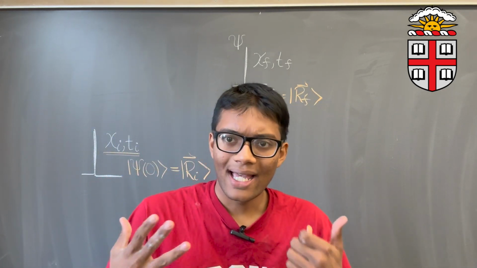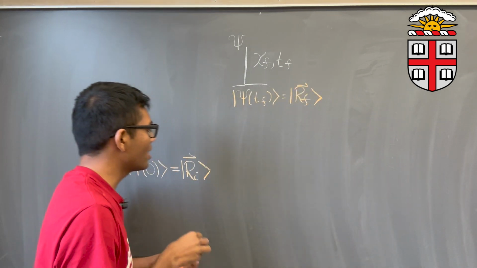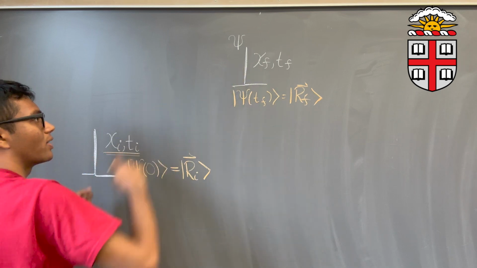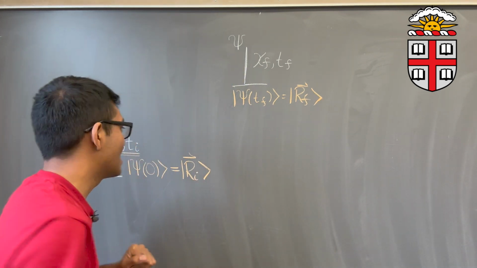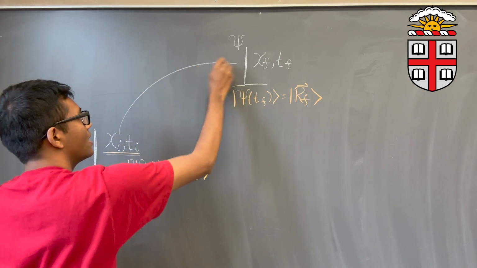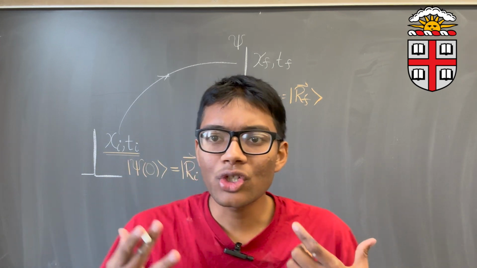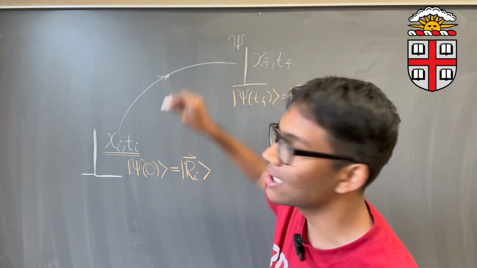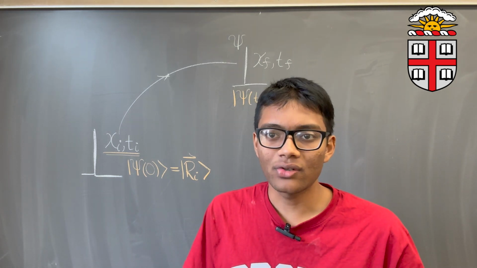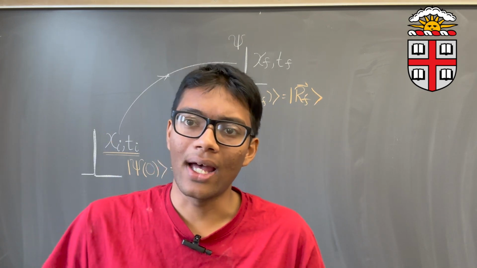Now we can start to ask some more interesting questions. First of all, how do you figure out how the electron went from point A to point B? Because see, it's not classical mechanics anymore. You can't say the electron took some certain path, right? Because in quantum mechanics, the electron cannot have a well-defined position and momentum at each step of its trajectory. So there's no such thing as the electron takes a particular path.